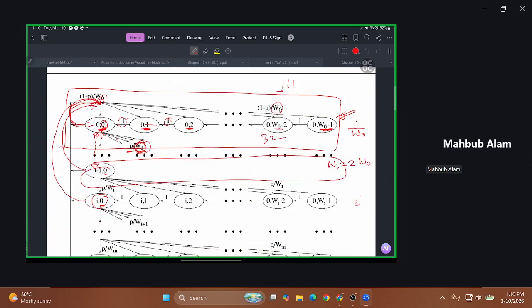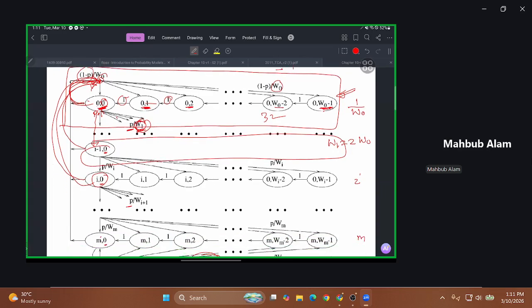When the backup counter value reaches 0 again, the station transmits. With probability P, a collision occurs and a random backup counter value is chosen, or with probability 1 minus P, a success occurs, and the station goes to stage 0 and starts the transmission of the next packet. So in this way, it keeps going.